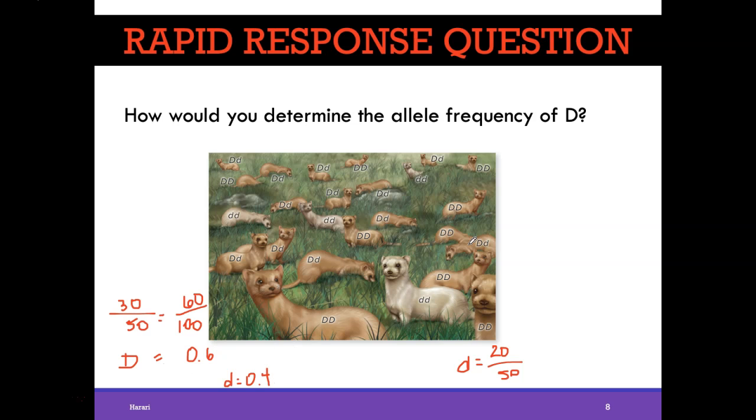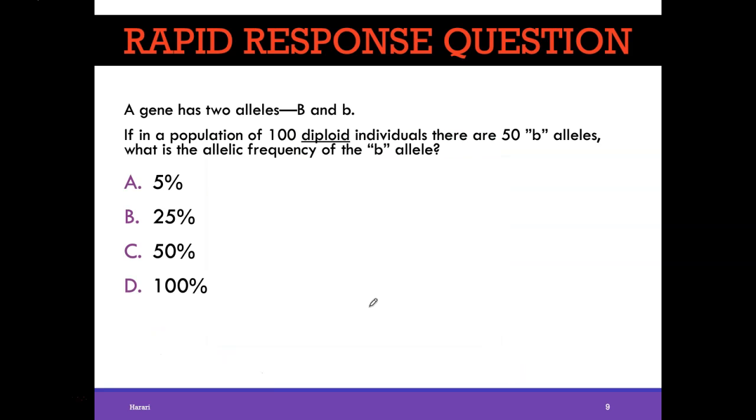So this is saying, again, 60% of the alleles in this population of ferrets are big D, and 40% of the alleles in this population of ferrets are little d. If a bunch of dark-haired ferrets joined this population, evolution will have occurred because the allele frequencies would have changed.